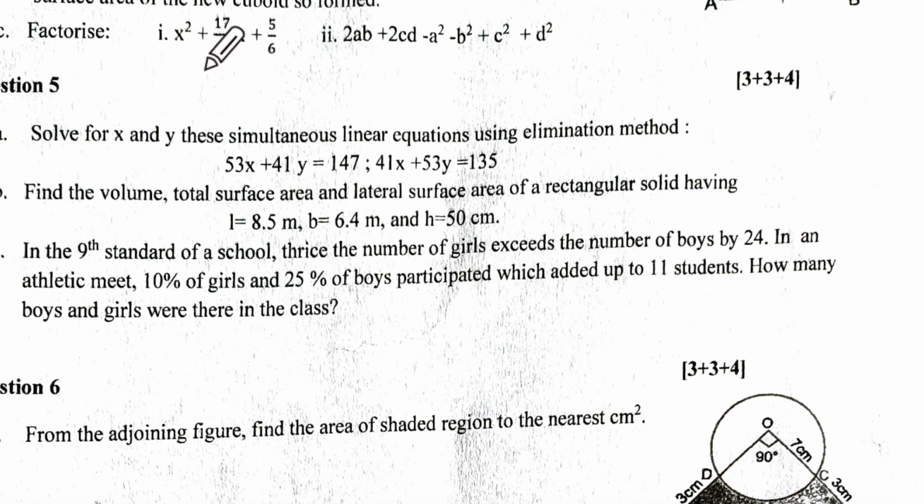Ma'am. You will see that because of this fraction here and fraction here, it becomes a little confusing. But we'll have to use a little bit of trick over here and consider this 1x squared as 6x squared upon 6 plus 17 upon 6x plus 5 upon 6.